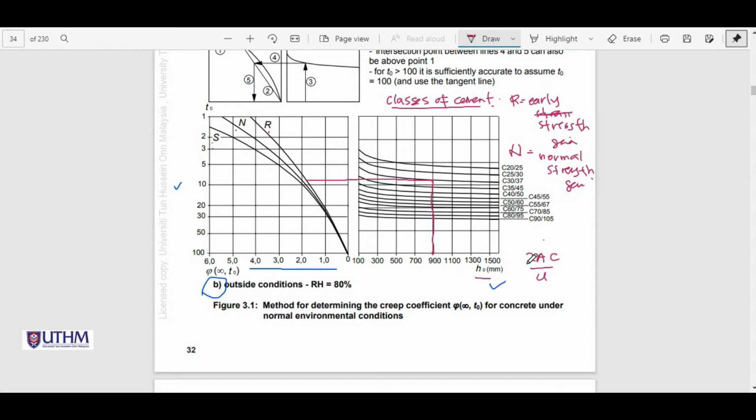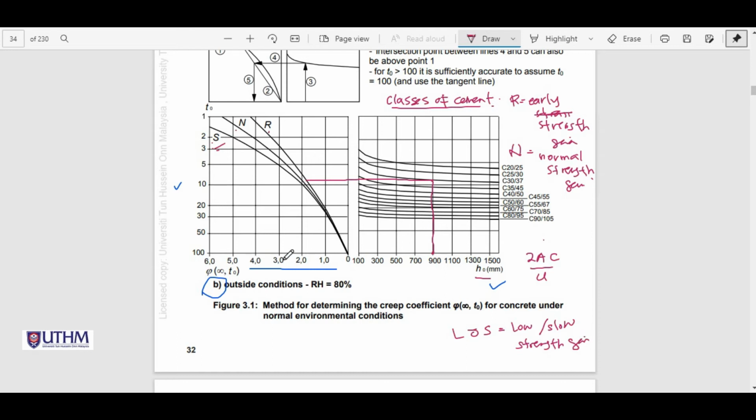And the last one is L, or S, which is the cement class for low and or slow strength gain.